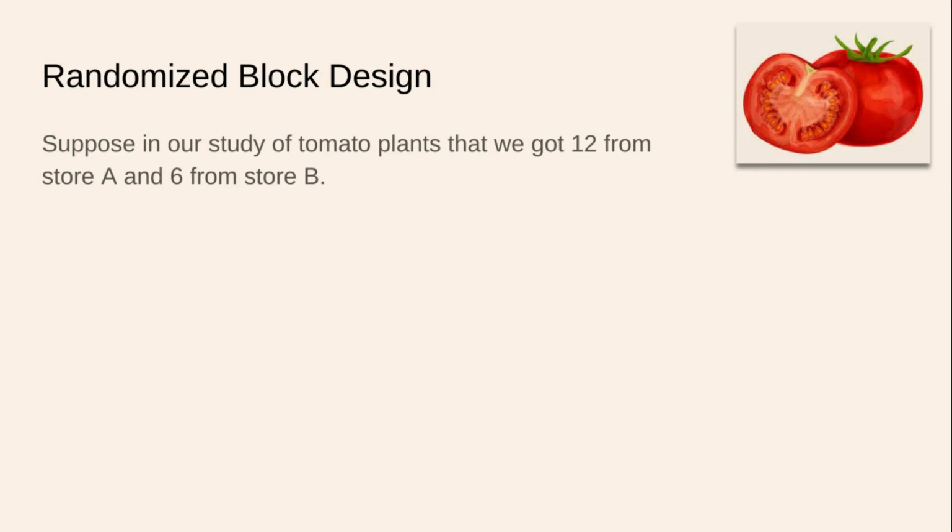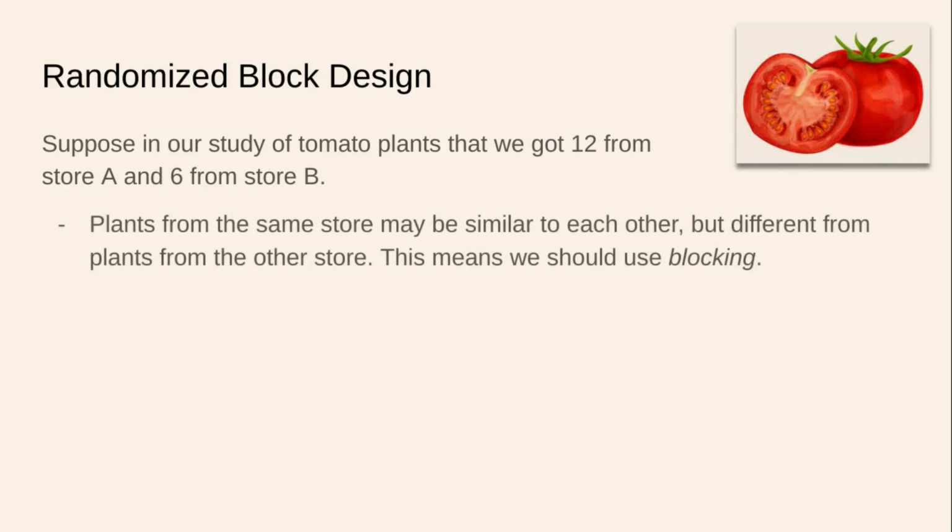Suppose we got 12 plants from store A and 6 from store B. You might have an idea of where this is going. Plants from the same store may be similar to each other, but different from plants from another store. And that means that we should use the technique of blocking.